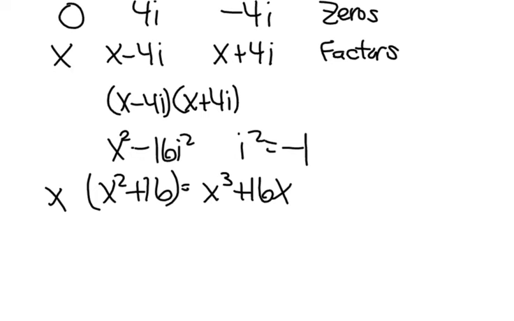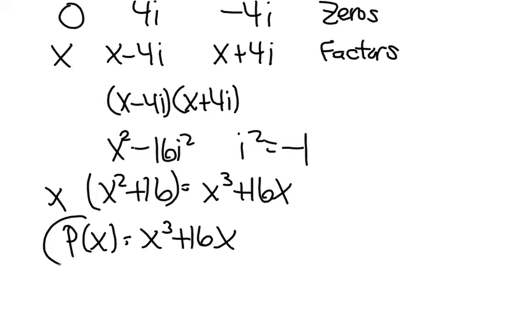Okay. Now, I will write this as a polynomial function equation. I'm going to call it p of x is equal to x cubed plus 16x. Now, if you factor out the x and you do the zero product property, you would find out that the three zeros for this would be 0, 4i, and negative 4i.